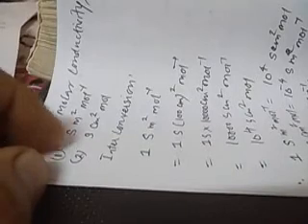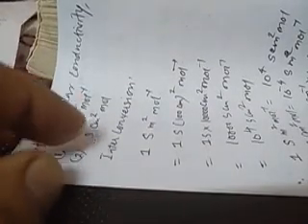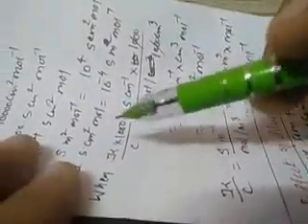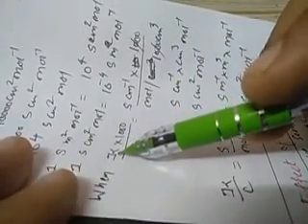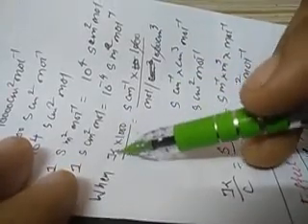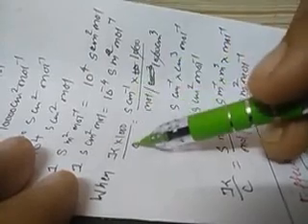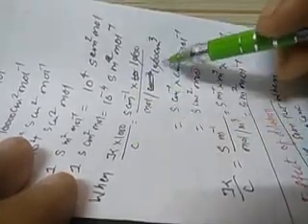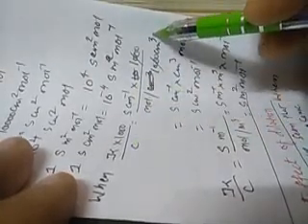Now we'll understand the units of molar conductivity. The unit of molar conductivity is Siemens meter square per mole or Siemens centimeter square per mole. How do we get this? Let us try to understand. When the unit of kappa is Siemens per centimeter, the concentration that we take is mole per 1000 centimeter cube.